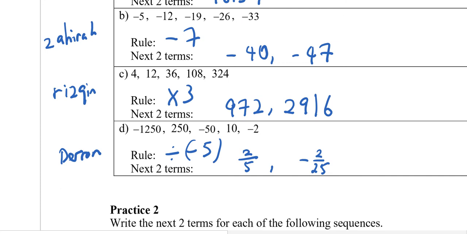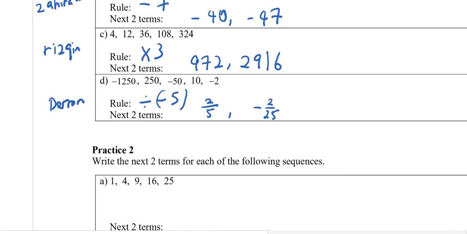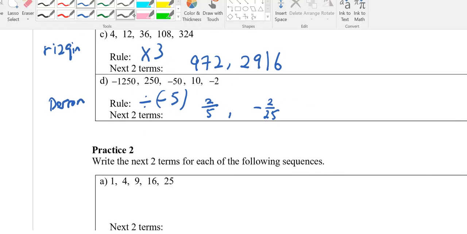Say for example, I don't know how to get the relationship between these two numbers. But do you see that this is minus, plus, minus, plus, minus? Most likely it is a multiply by something or divide by something. So what I can do, I will use my green pen to help me. Usually I practice this.